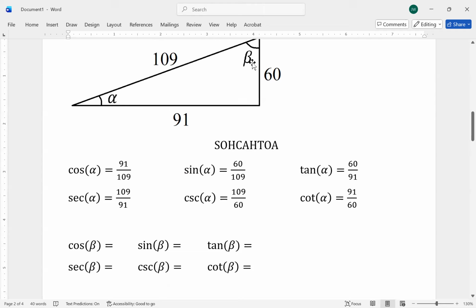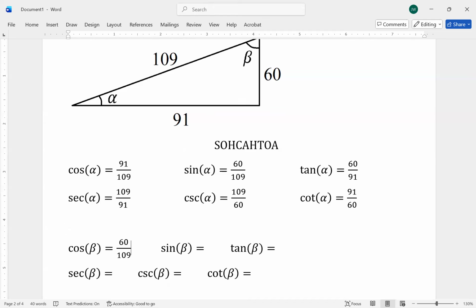Well, here's where we have to pay close attention. The side opposite of beta is this one, which is length 91. The side adjacent to beta is the 60. So the cosine is going to be the adjacent side to beta over the hypotenuse. That's 60 over 109.